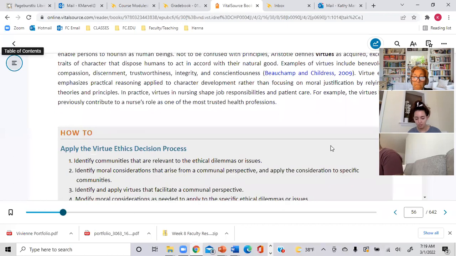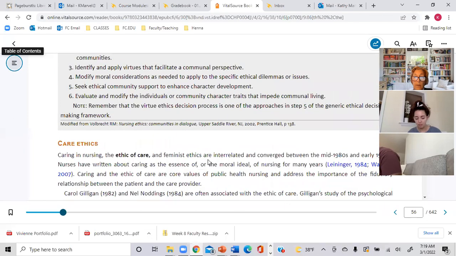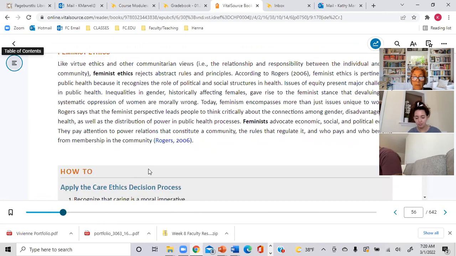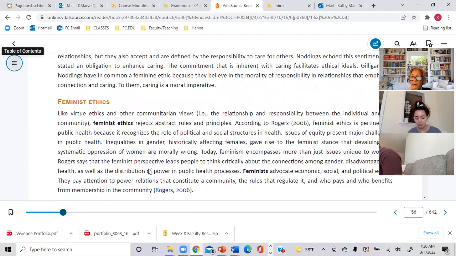And there's a how to apply virtue ethics in the decision process. Care ethics, which is right here, so you can read about that. Feminist ethics. We do need to know that for the upcoming exam, feminist ethics.